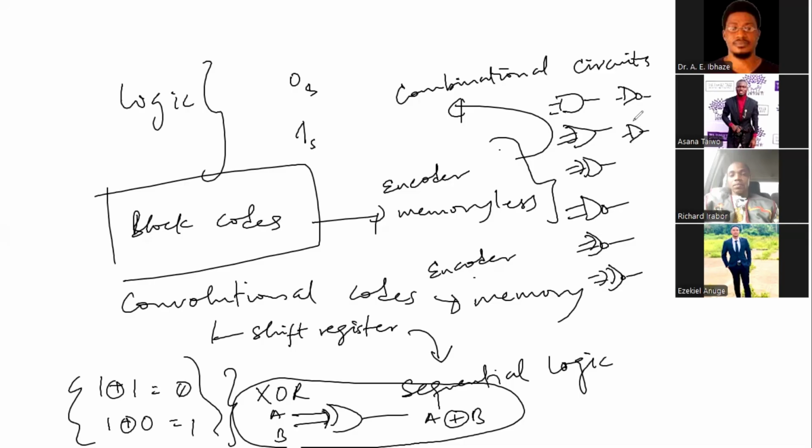All of these will now have to connect in a manner that will operate on our bits and generate them, because this is where integrated circuits come in.